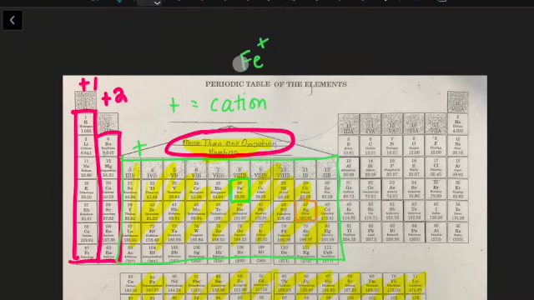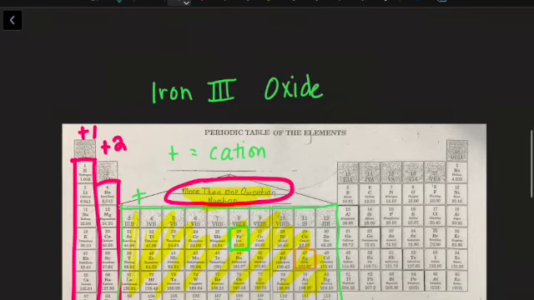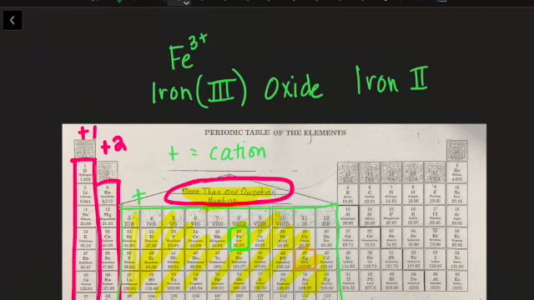When it's actually written out, you might see iron(III) oxide. That automatically tells you, when you see these parentheses with the Roman numerals, that iron specifically is going to have a 3+ charge. If it said iron(II), it is going to be Fe2+. So these Roman numerals always tell you the charge.